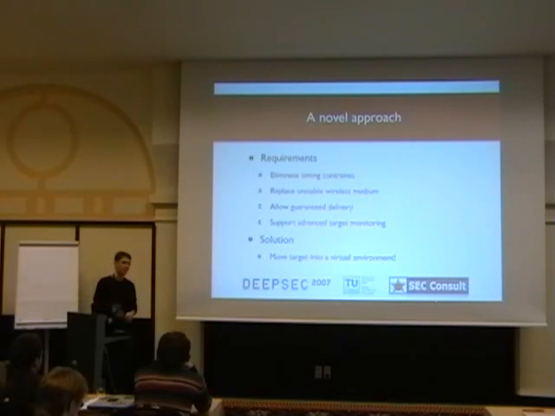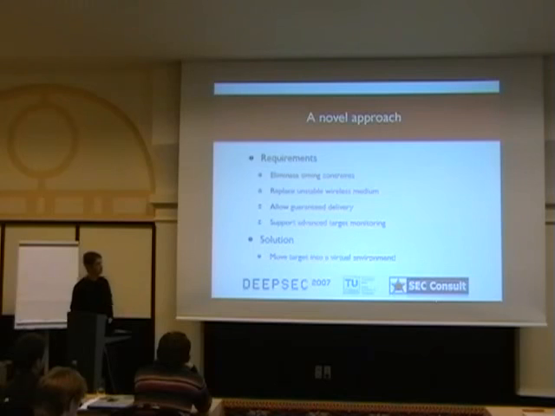Whenever a fuzzer sends out a packet, we want to make sure that this one packet makes its way into the device driver. There's no need for this packet if it's dropped at the hardware and we don't know. We might be sending hours and hours of data and it never reaches our target. So we need guaranteed delivery, and like I said before, we want additional advanced target monitoring in our new approach.